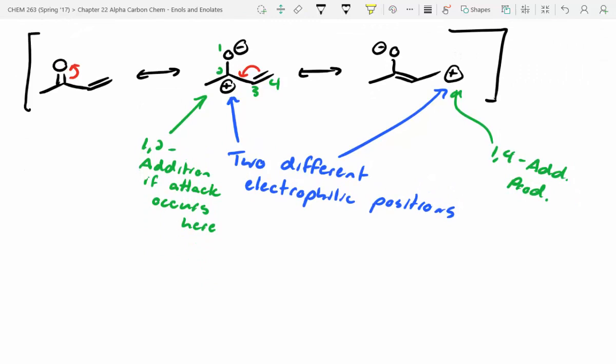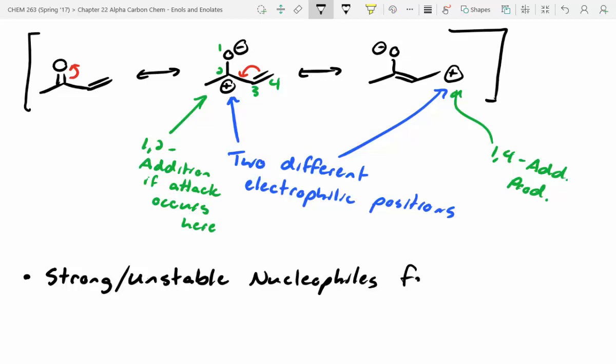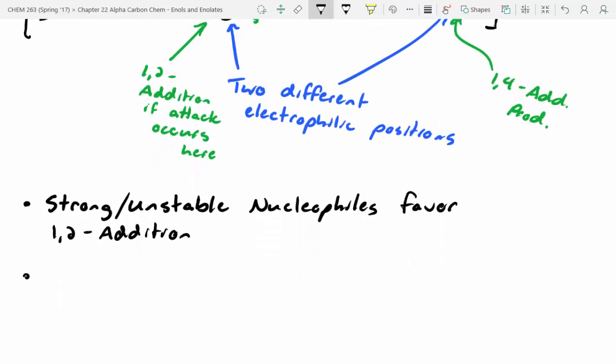Okay, so the question is, well, which position will get attacked and why? And there are some basic trends you've got to understand before you can do these reaction mechanisms. The first is that strong or unstable nucleophiles favor 1,2 addition. Whereas your weaker or stabilized nucleophiles favor 1,4.